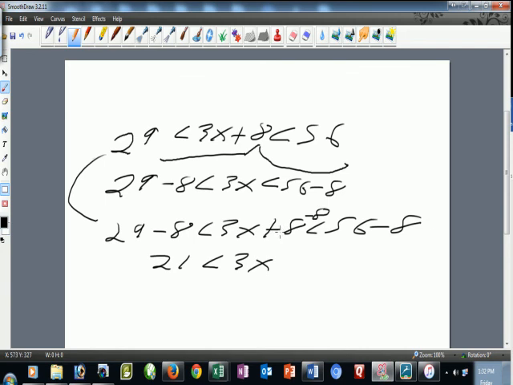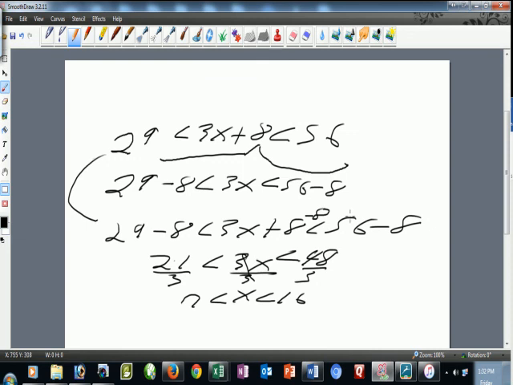So 29 minus 8 is 21. 3x plus 8 minus 8, kill those two, and this becomes 48. You want this x by itself in the middle, divide by 3, divide by 3. That becomes 7, this becomes x, that becomes what? 16.